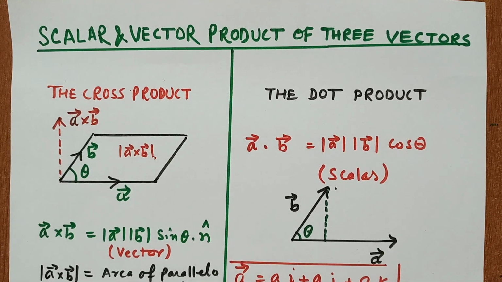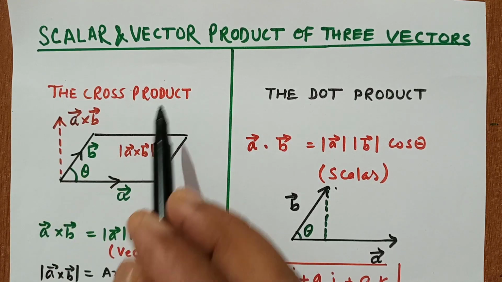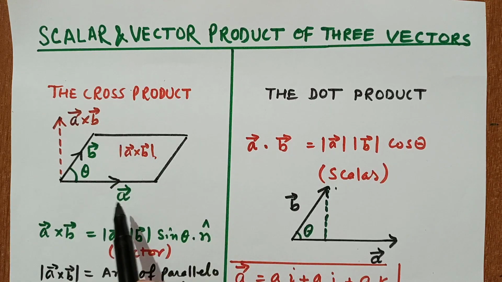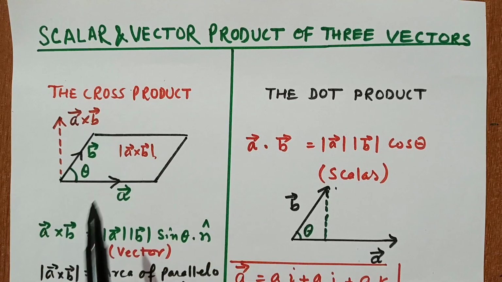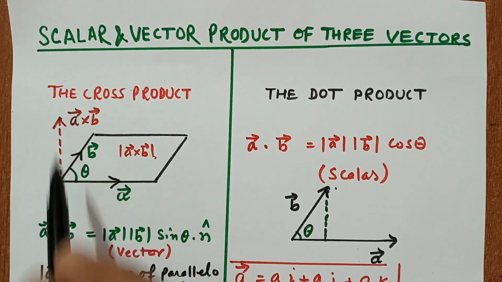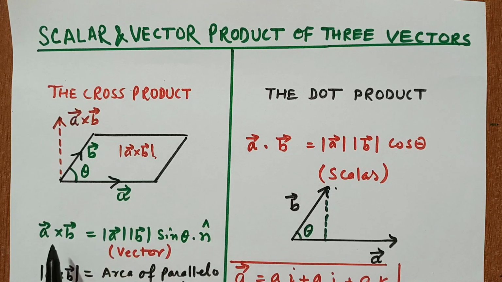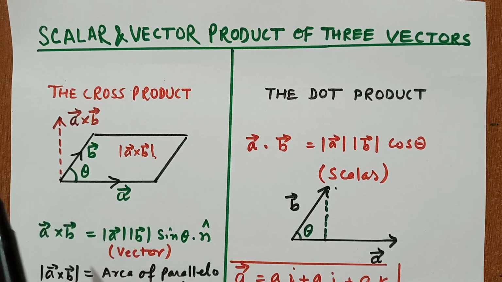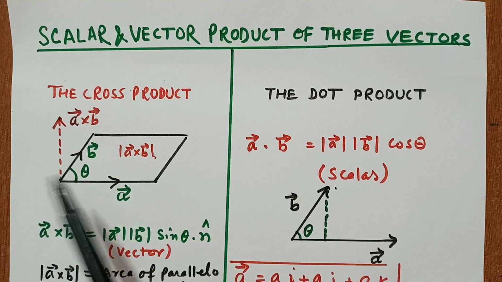In the case of the cross product, if A and B are two vectors, then the cross product is denoted by A cross B. A cross B is again a vector, and its direction is perpendicular to the plane containing A and B, because A cross B is equal to mod A mod B sine theta times unit vector n, where theta is the angle between A and B. So the direction of n is perpendicular to this plane.